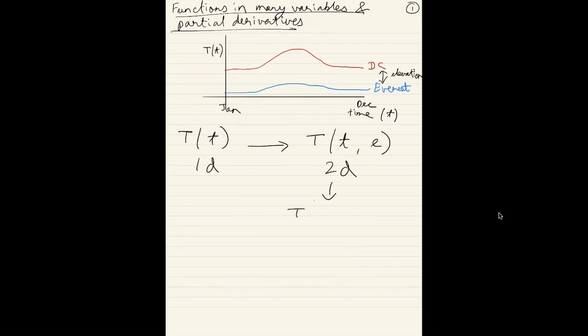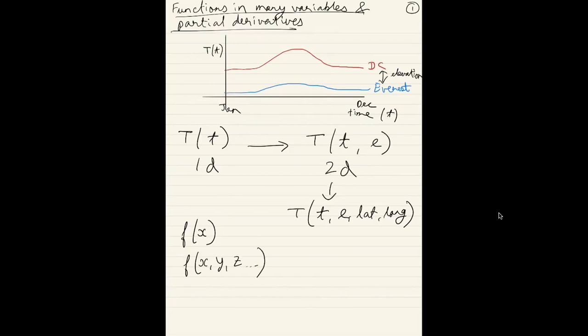We could have temperature as a function of time, elevation, latitude, longitude. We could add as many variables as possible. So this brings us to the general notion of a function of many variables. So far we have been looking at f of x, but now we are going to think of functions such as f of x comma y comma z, and there could be more and more variables.